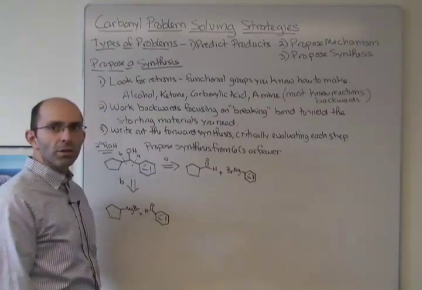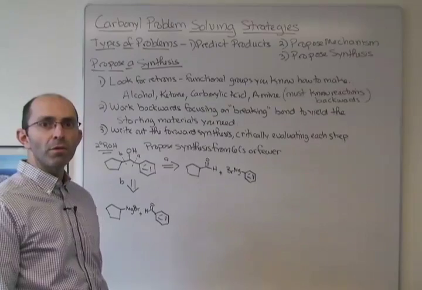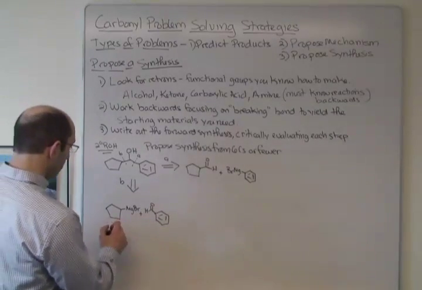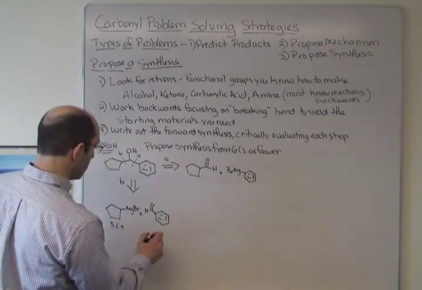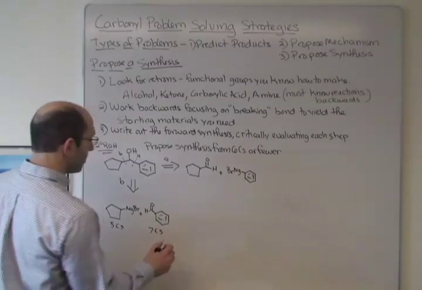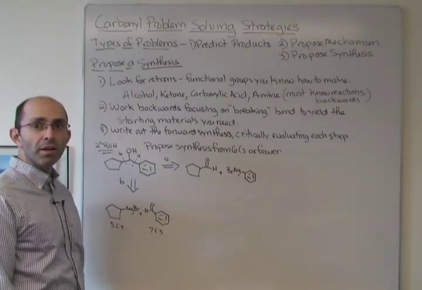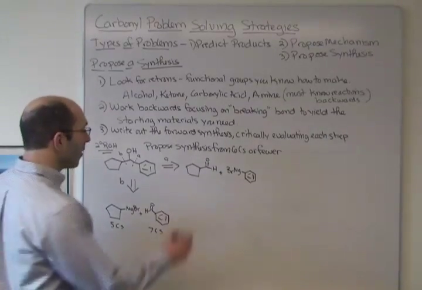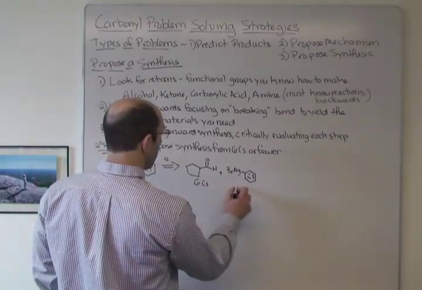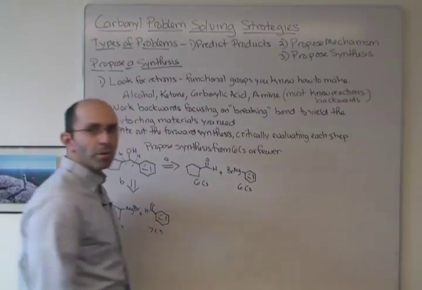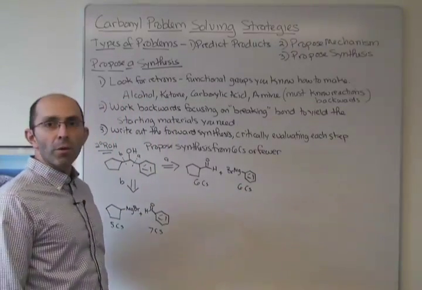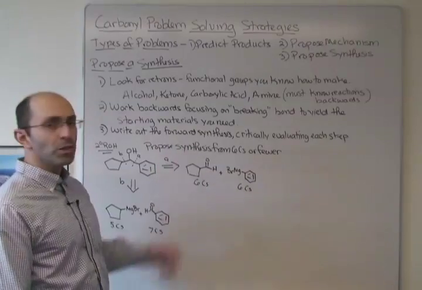Right? And now we can take a look at these 2 reactions and see if one is better than the other. If we look at B, we can see this is 5 carbons and this is 7 carbons. Right? That's a problem, 7 carbons. I don't think we know how to make benzaldehyde, so that's probably not the way to go. Whereas up here, we have 6 carbons and 6 carbons. Right? So that's clearly a better way to make this compound given the limitations that we have.